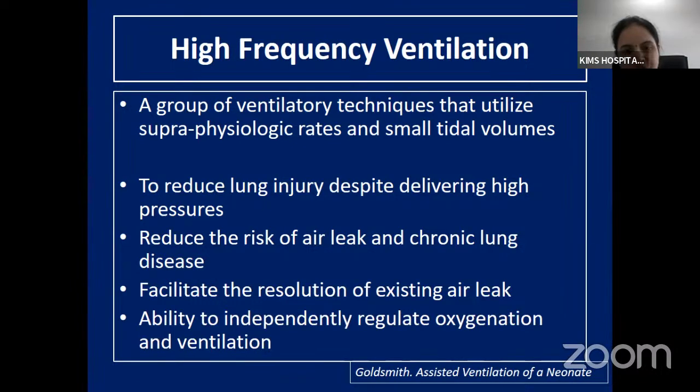The other advantage of high frequency ventilation is that it helps us to independently titrate or regulate oxygenation and ventilation, unlike conventional ventilation, where a change in one parameter, for example, PIP, can influence the carbon dioxide washout as well as improving oxygenation.